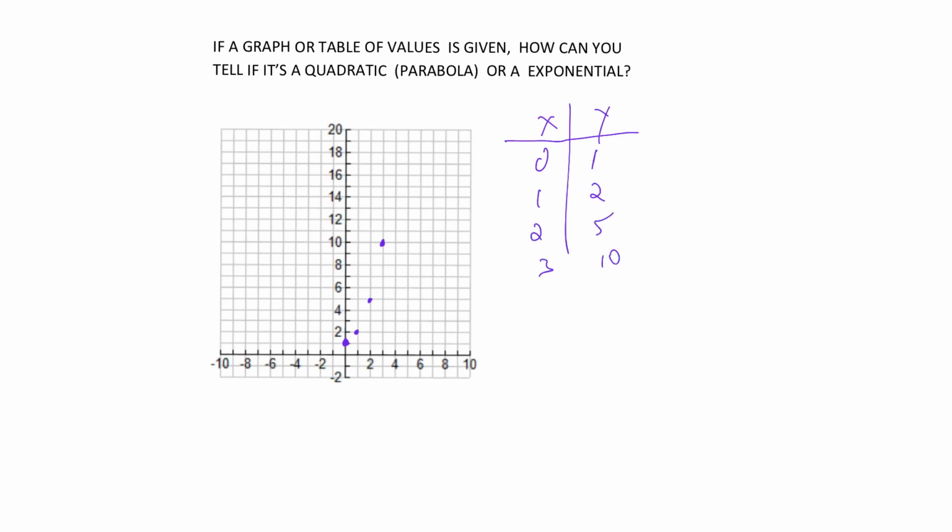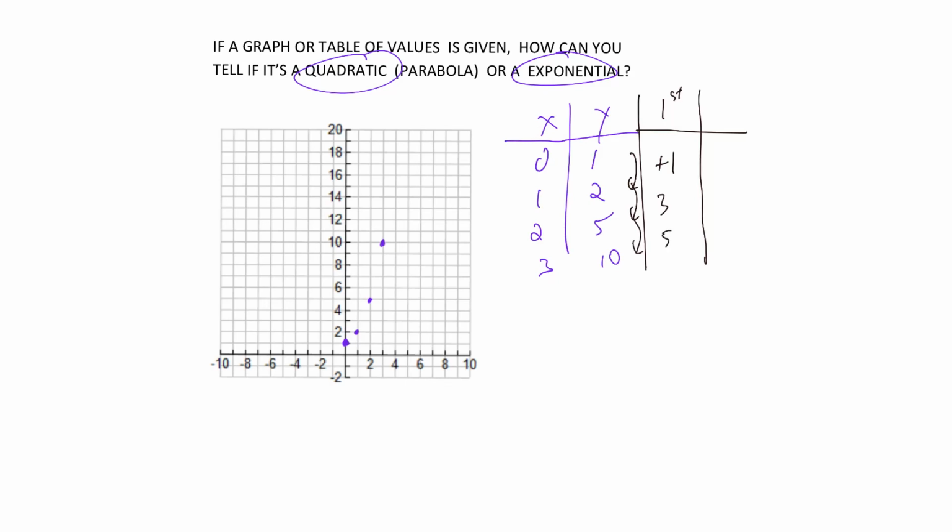So the question right now is, are these numbers forming an exponential pattern, or are they forming a quadratic pattern? Keep in mind, we need to go back to grade 10. If you want to show that this is quadratic, remember in grade 9 first, you calculate the first differences. If the first differences were all the same, it would be linear, a straight line. Now let's have a look at the first differences. From here to here is +1. 5 minus 2 is 3, and 10 minus 5 is 5.